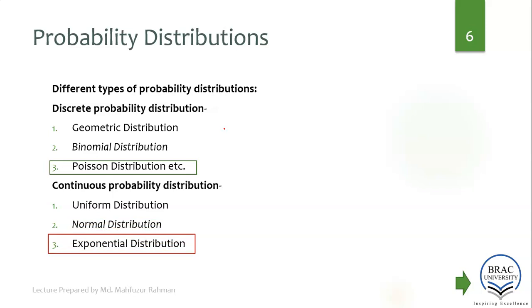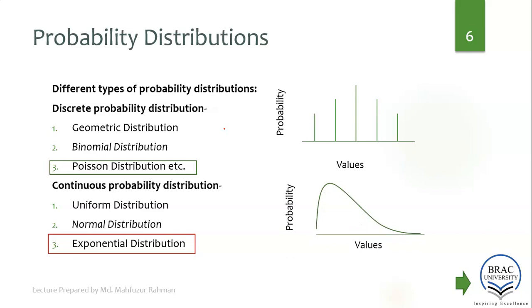Both are continuous probability distributions. Now you can see that we have two different curves for two different types of probability distributions. The first one is for discrete probability distribution and the second one is for continuous probability distribution. Let's find out a little more about these curves.